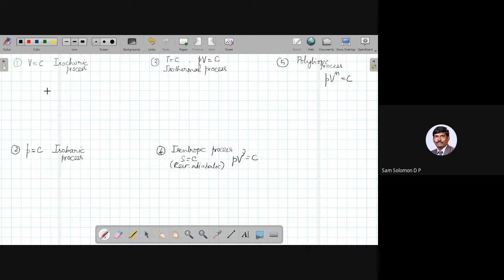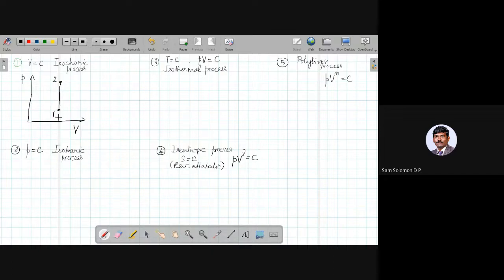For the PV diagram, you have pressure on the y-axis and volume on the x-axis. When you say volume is constant, it is just a vertical line, a simple vertical line. Either it goes from 1 to 2 or 2 to 1.